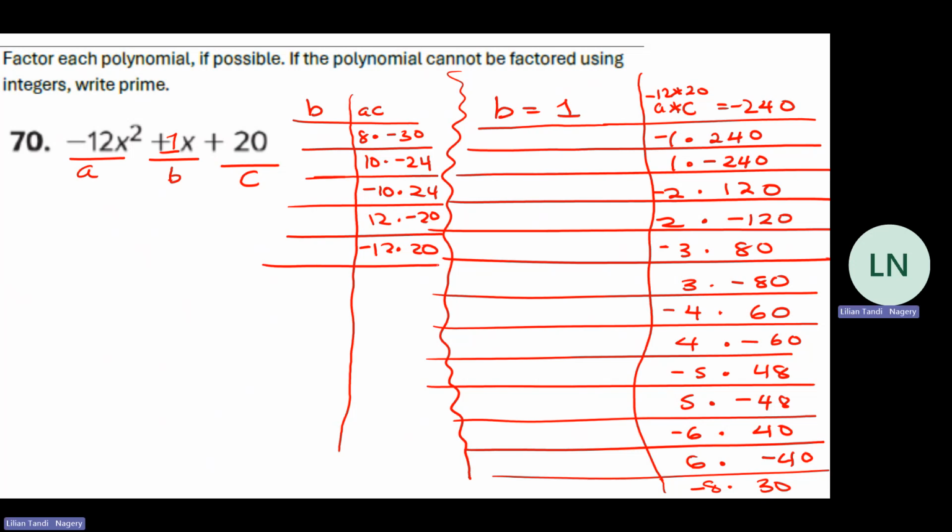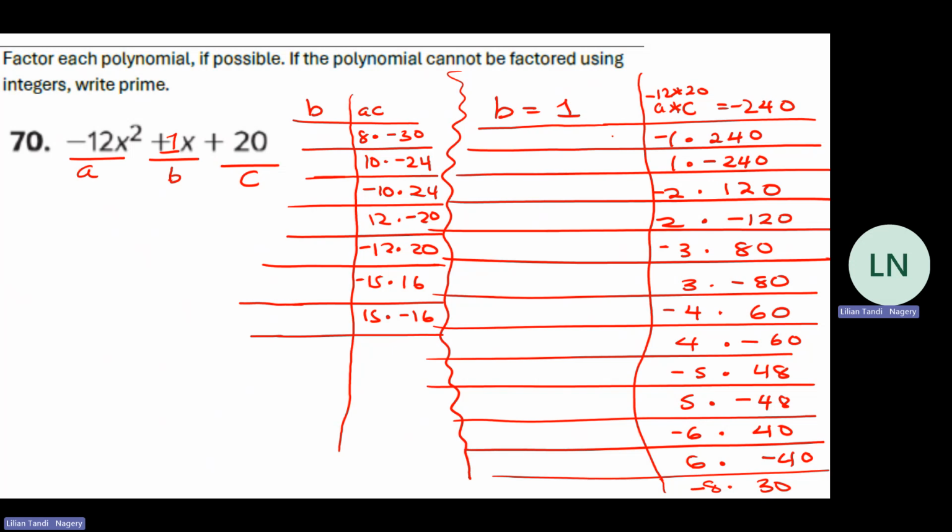I am still not getting 1, okay? Then we try 14. 240 divided by 14, no. 240 divided by 15, yes, 16. Negative 15 times 16, or 15 times negative 16. There you go.